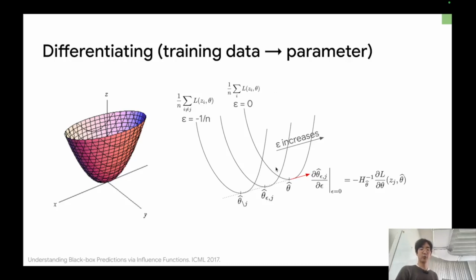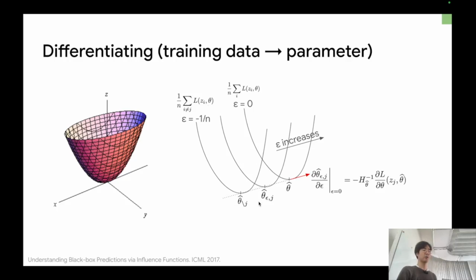And now we have this original empirical risk given by the summation over all training samples. That's exactly when epsilon is 0. But if your epsilon is exactly -1/n, you have instead this empirical risk, which is a summation over all loss values except for the term for Zj.